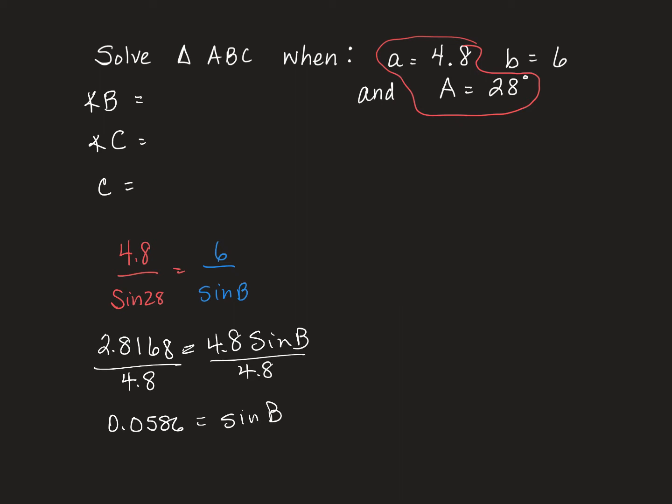Okay, so now on your calculator, right above your sine button is something that looks like sine with a little -1. You must hit shift and then sine, and that comes up. And then you're going to type that number in, okay? Make sure you're in degree mode.